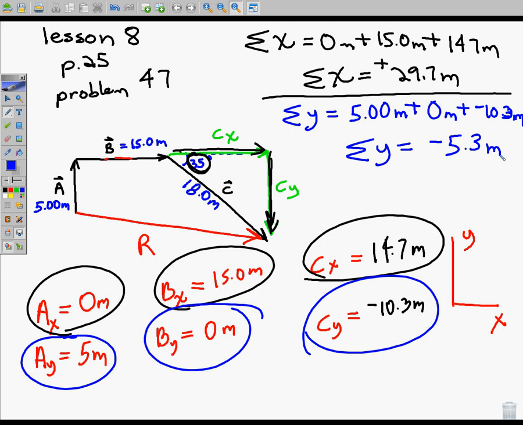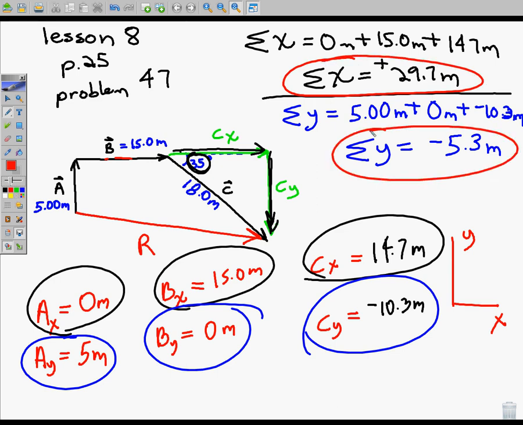And then we have to sketch a little head to tail diagram with those two. And when we find the resultant of those two, we found the resultant to the 3 originals right here. Okay? So let me make some space over here.